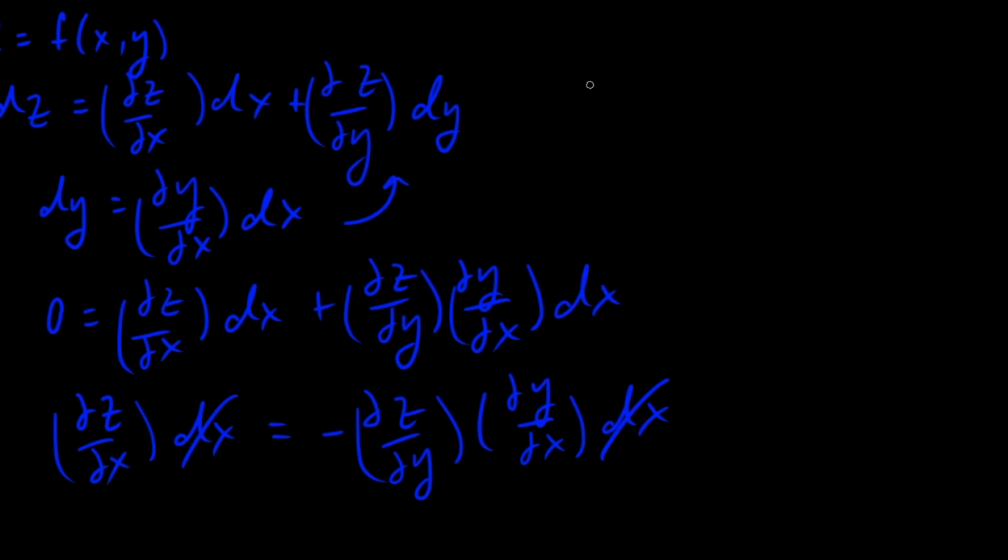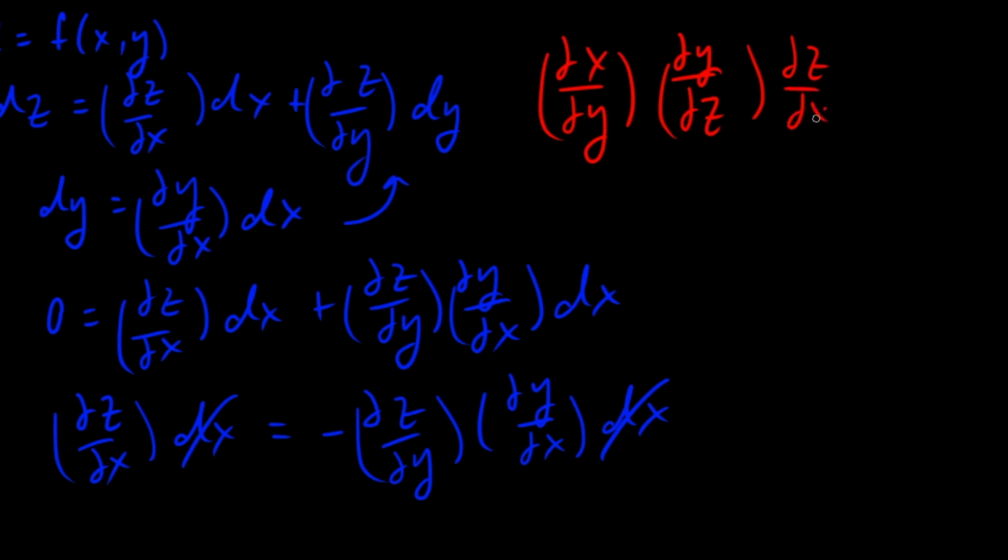If we do that, we end up with the equation partial x over partial y times partial y over partial z times partial z over partial x equals negative 1. So this equation is our first equation of the triple product rule.